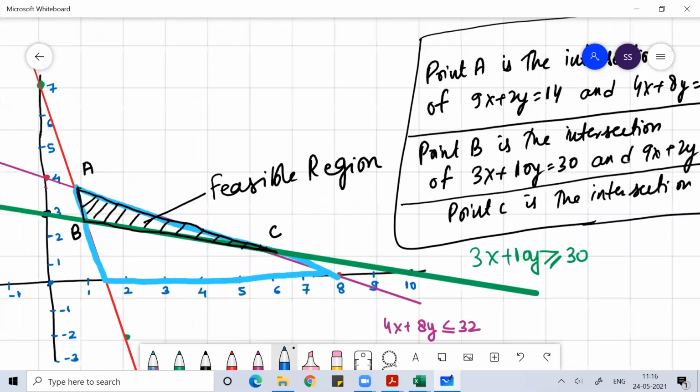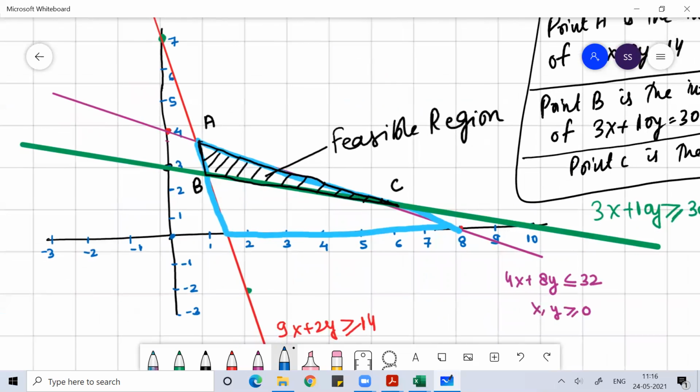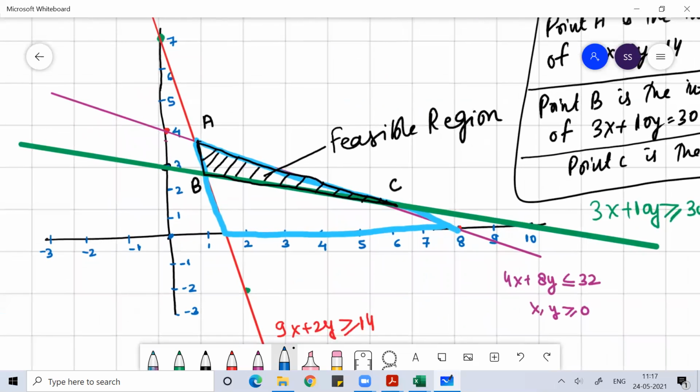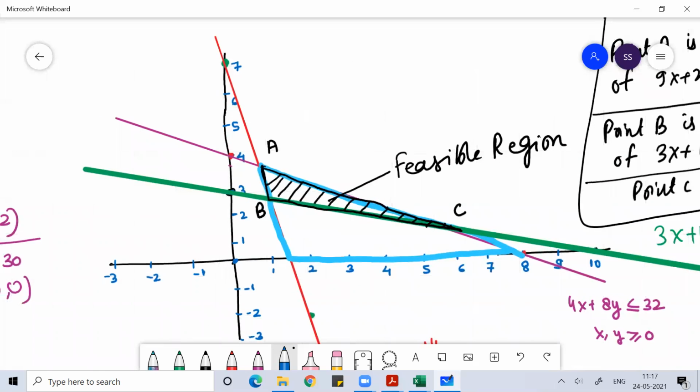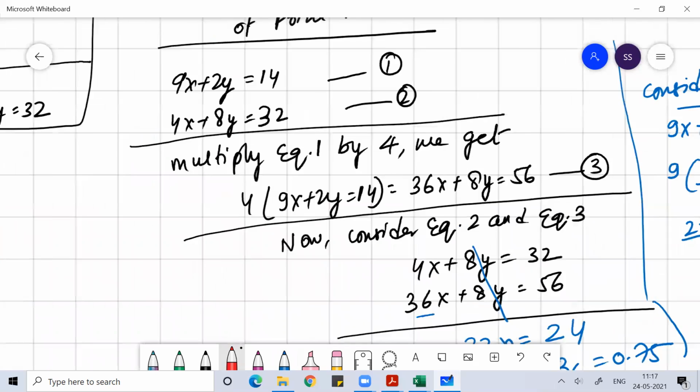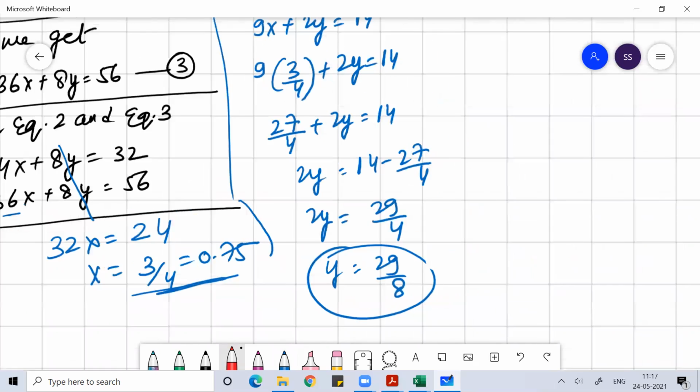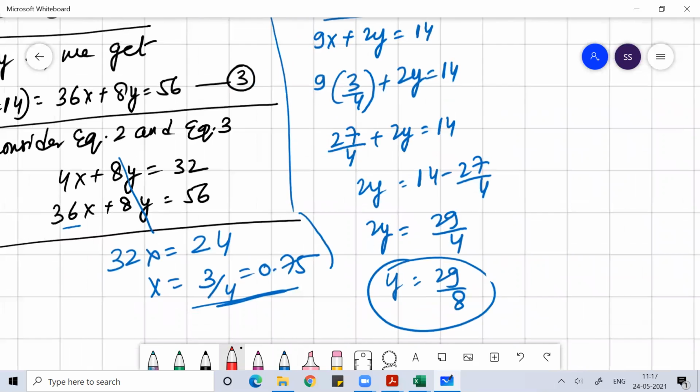So the coordinate of point A is 3 by 4 and 29 by 8. That is your coordinate of point A. So point A I have determined.